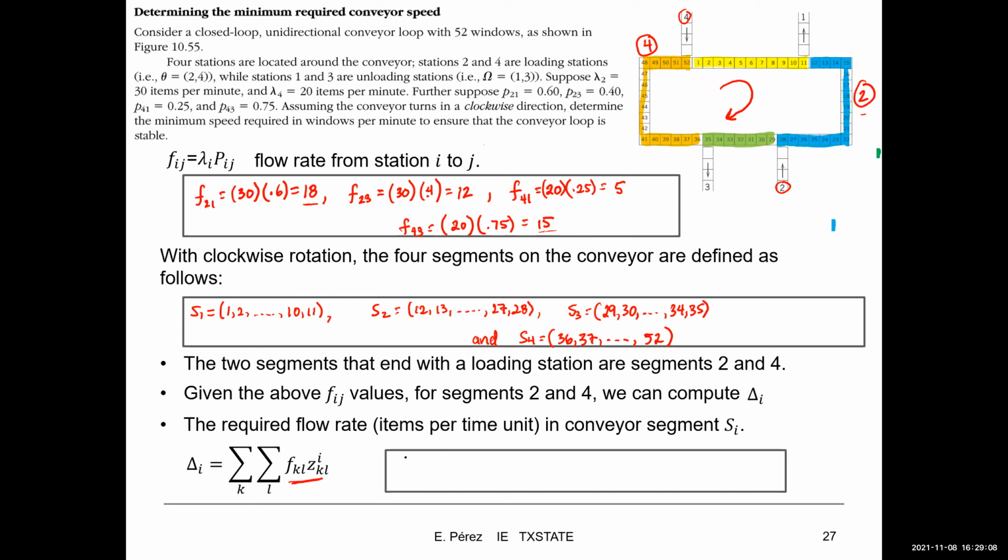So we are gonna have for K, we have F2,1, which is a flow between, and let's compute delta for 2.